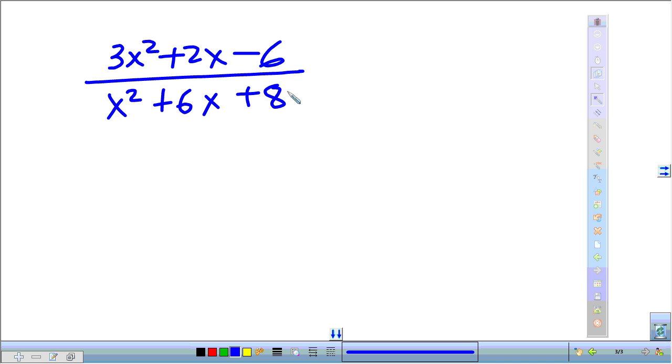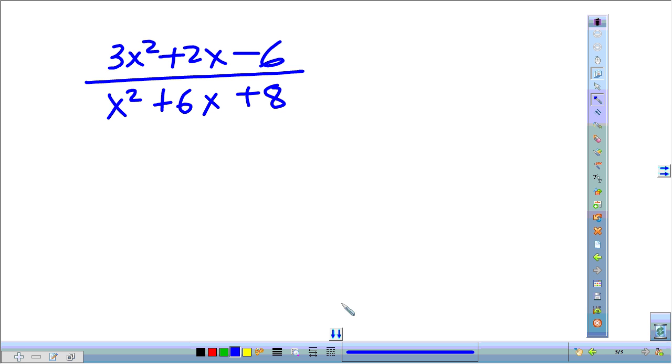So a rational expression, the ratio of two nice things, in this case polynomials. So any two polynomials divided is what we call a rational expression.